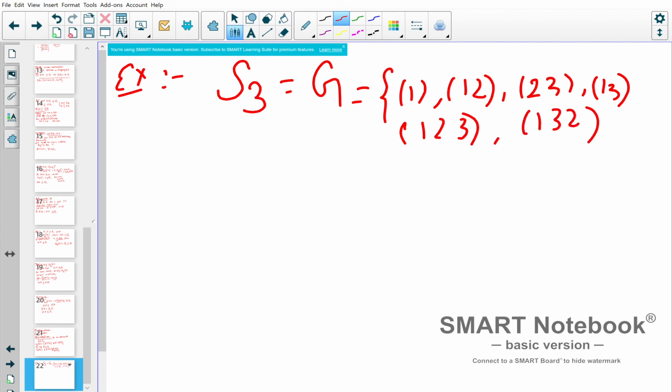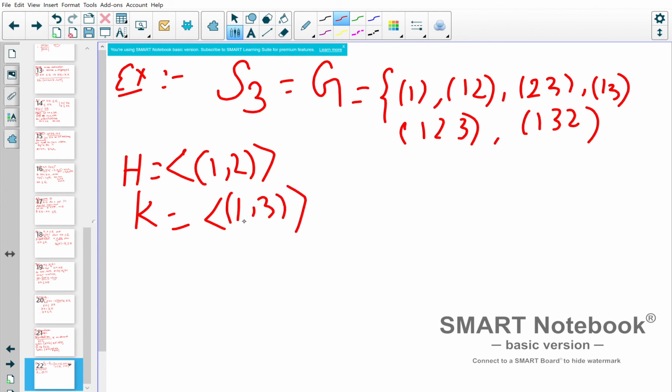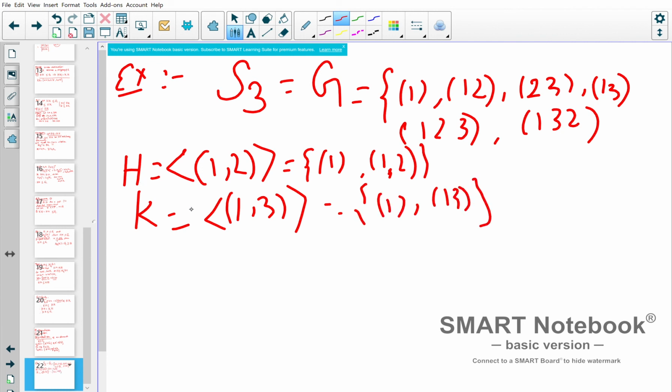Suppose you took two subgroups, say H, which is generated by, say, (1 2), and K is generated by, say, (1 3). You remember that these two cycles are order 2 elements. So H is actually nothing but identity and (1 2), and K is nothing but identity and (1 3), because the order of H and K is 2, right?